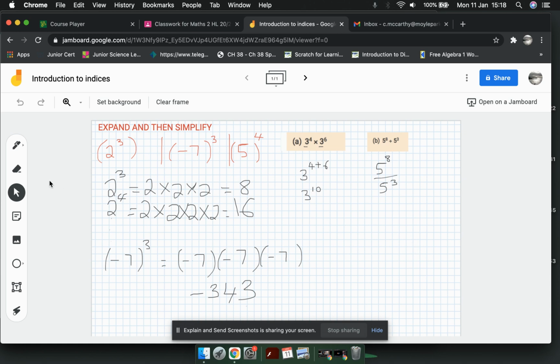Now again, I should recognize that I have a base number which is the same. I have 5 and I have another 5 here. So this is actually the direct opposite.